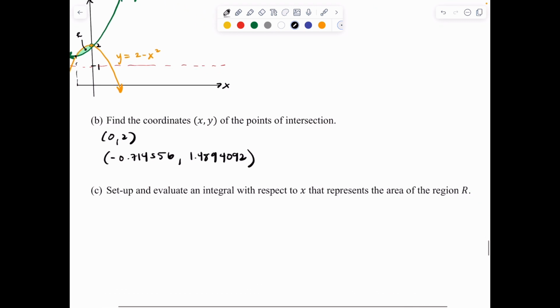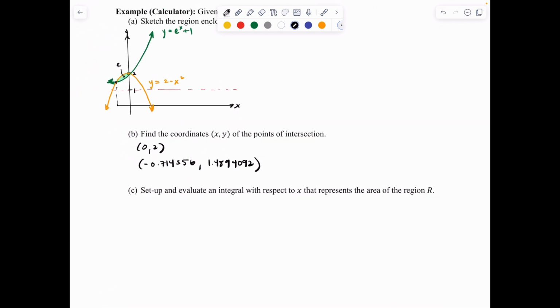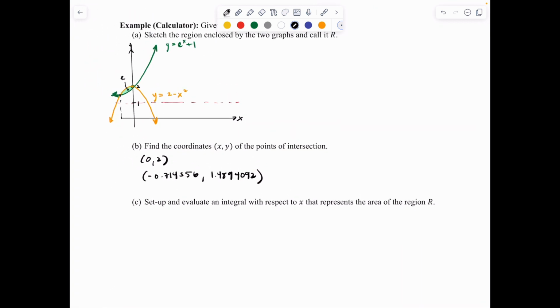Okay, and part C asks us to set up and evaluate an integral with respect to x that represents the area of region R. So the area of R can be represented, reading from left to right, those x values, so from negative, and you could store this into your calculator, you could define that value to be A or a different letter.